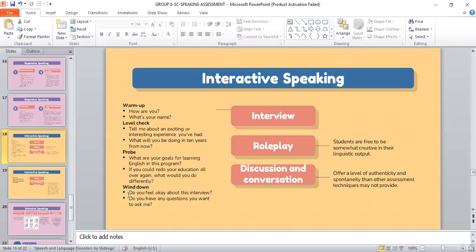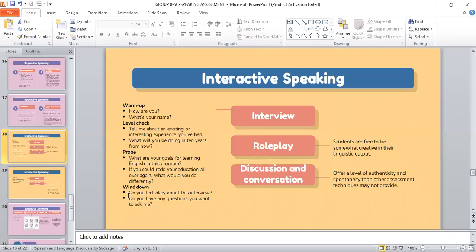Probe questions and prompts challenge the test taker to go to the height of their ability, to extend beyond the limits of the interviewer's expectation through increasingly difficult questions. And the last one is wind down. In this stage, the interviewer encourages the test taker to relax with some easy questions, and also there is no scoring in this stage.